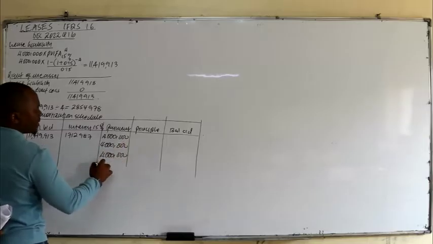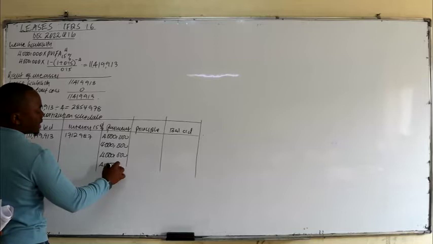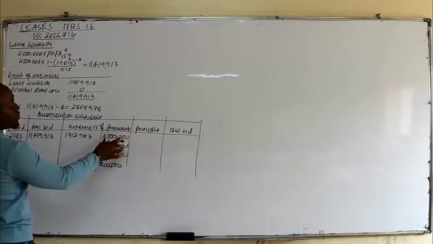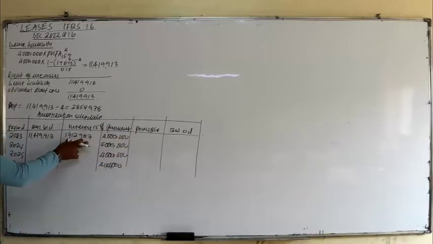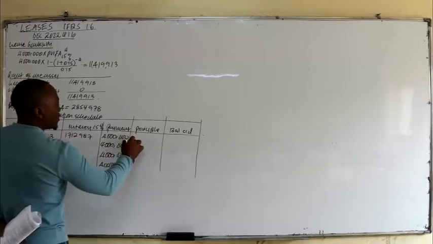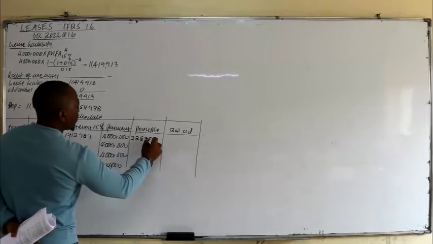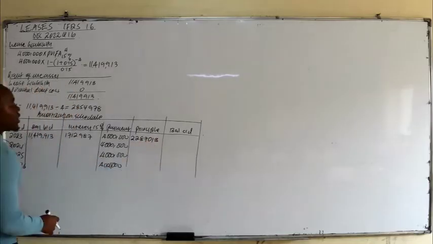And the payment comprises 2 elements, the interest and the principal. Now we paid 4 million, of which the interest was 1,712,987. So how much was the principal? 2,287,013.